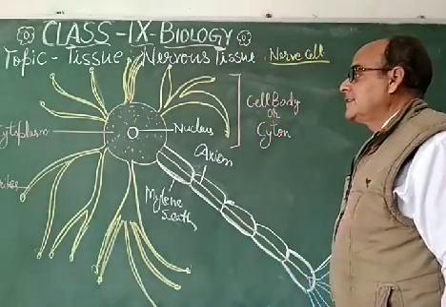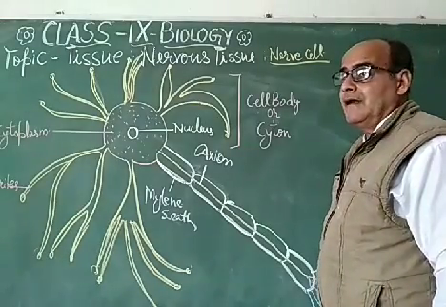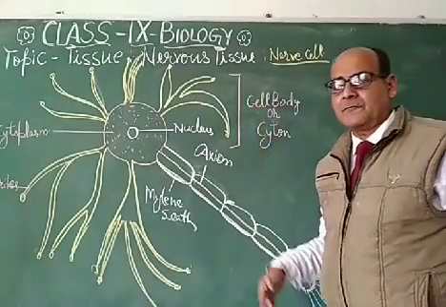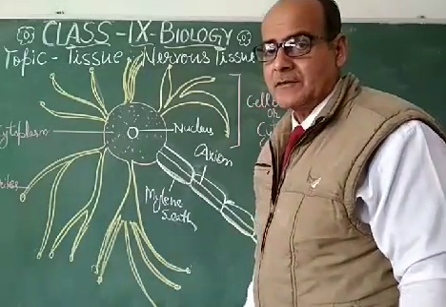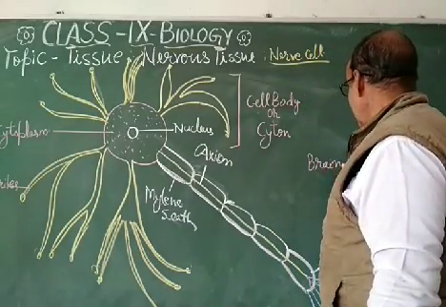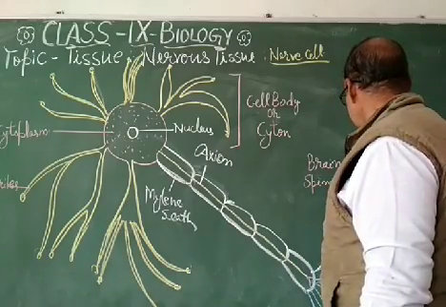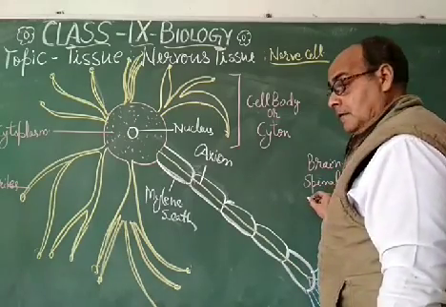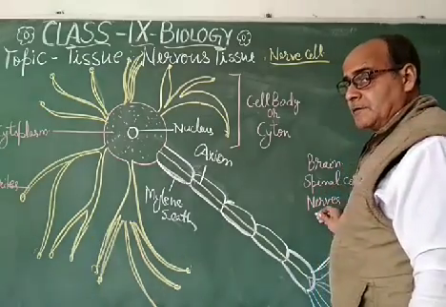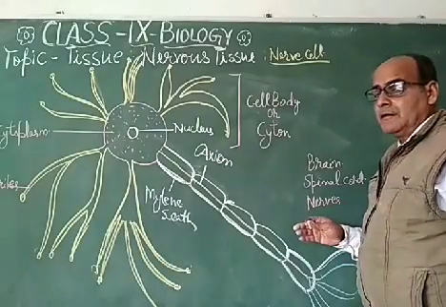Dear students, this cell is the longest cell in the animal body. It has a very long thread-like structure, and it forms the different parts of the nervous system, whether that is the brain, spinal cord, or nerves, whether they are parasympathetic or sympathetic, motor neurons, or other types of neurons.